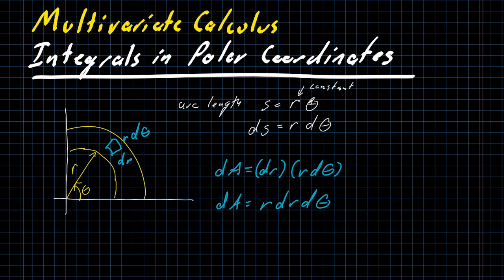So all told, my dA is r dr d theta. And remembering that that r has to be there is going to be one of the big keys of keeping this straight.